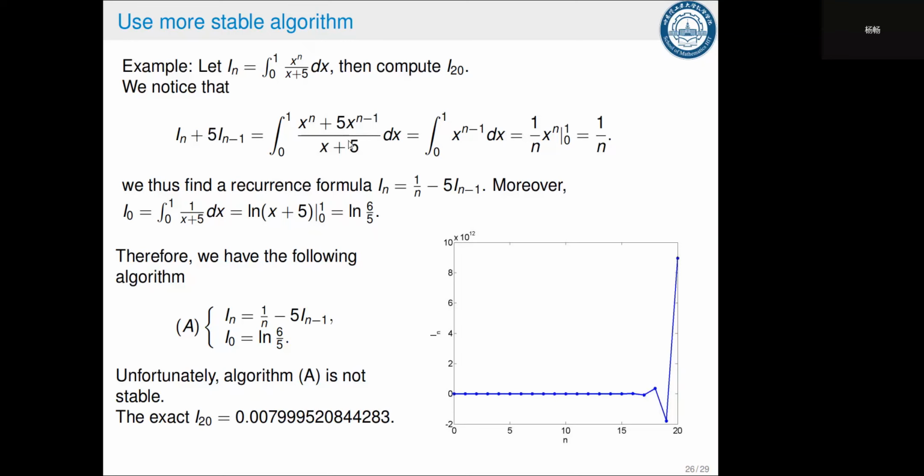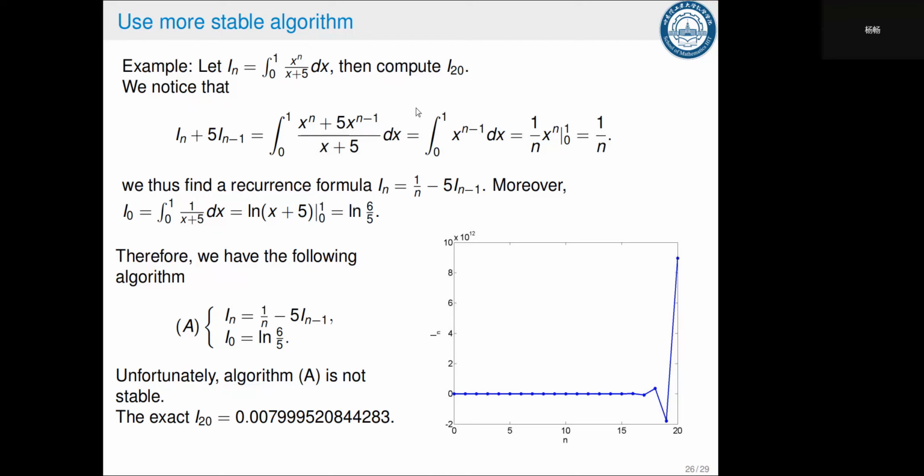After this cancellation, you get this simple integration, that is x^(n-1) integrated from 0 to 1. You get this one, and finally its result is 1 over n.